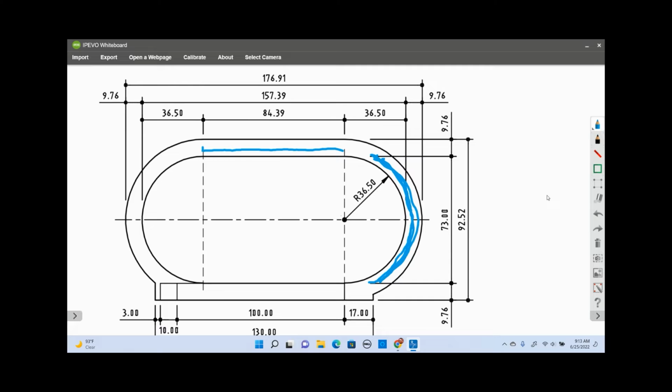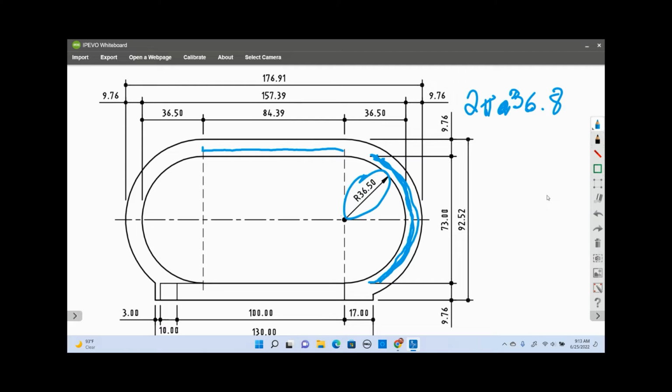The calculation is made with the true running lane, which is 0.3 meters from the inside. So that means that the radius of the true running lane is 36.8, not 36.5. We're going to add 0.3 to that, and we get 36.8. So we'll have 2 pi times 36.8.